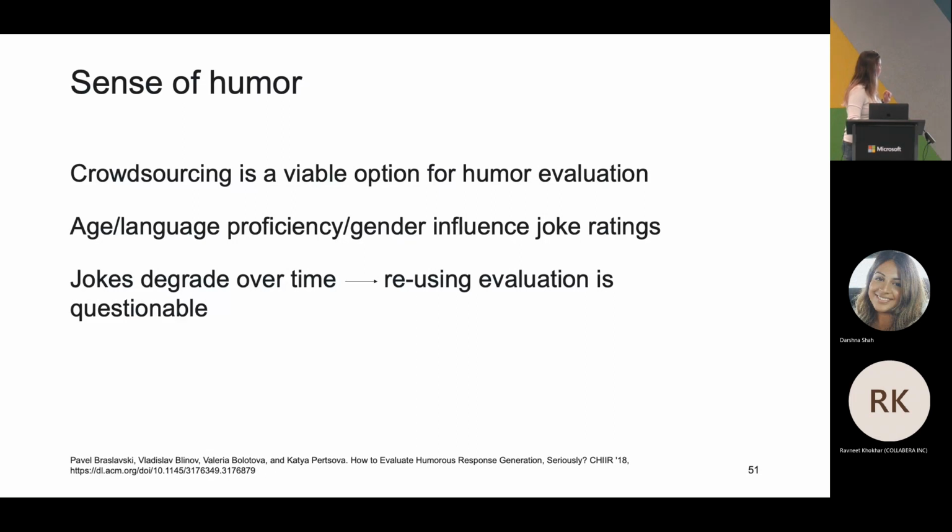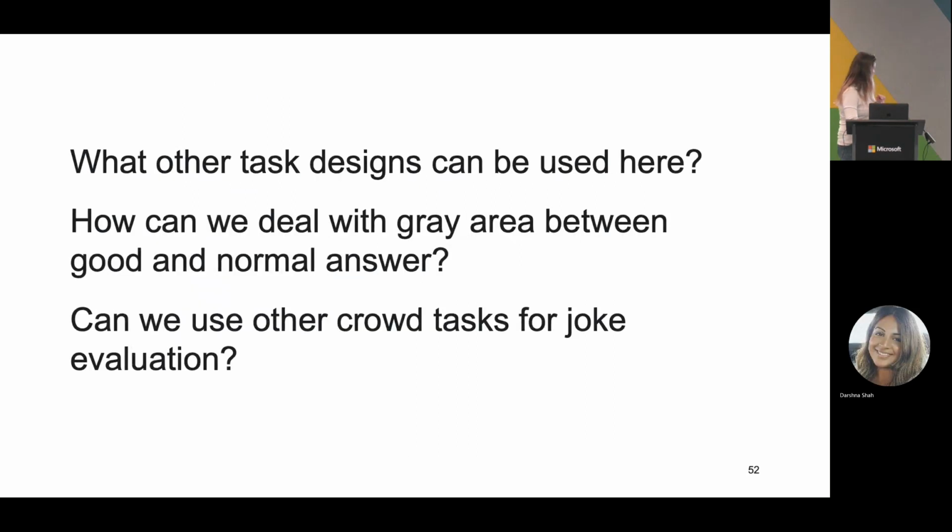So this was just a funny experiment we've done. And this brought us a couple more questions. Maybe we could design this task differently. Maybe some other crowdsourcing tasks would be better. And I think this was the important one: how to deal with the gray area between a good and a normal answer.